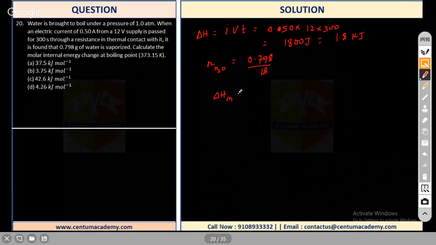Del Hm is for molar enthalpy, and that will be equal to molar internal energy plus del Ng RT. This is the formula we have to use, right? So we have to convert this enthalpy into molar enthalpy. Okay, and how do we do that? Del H, or we can write the molar enthalpy of vaporization.